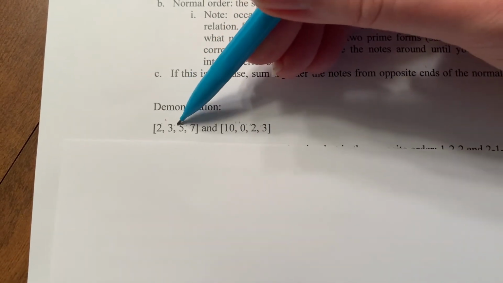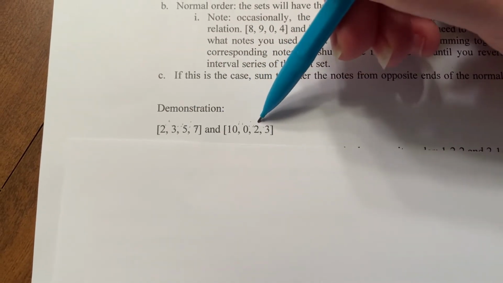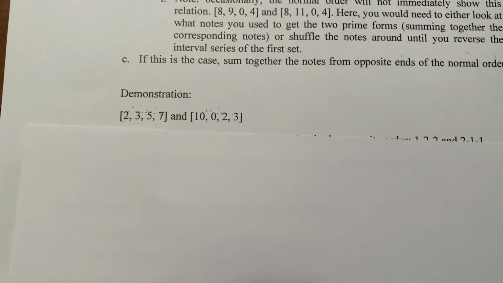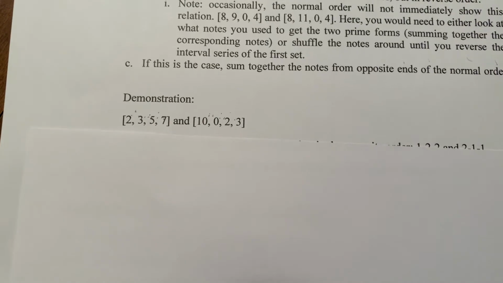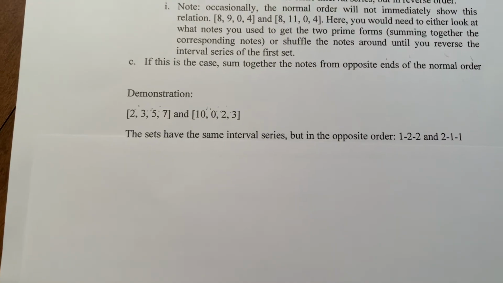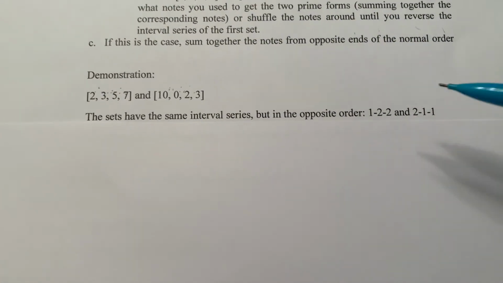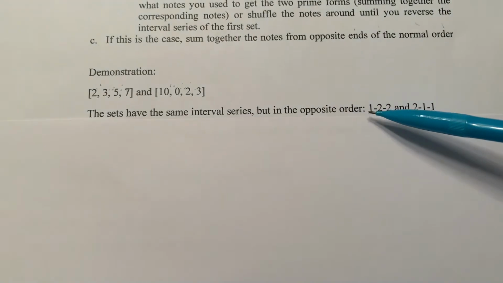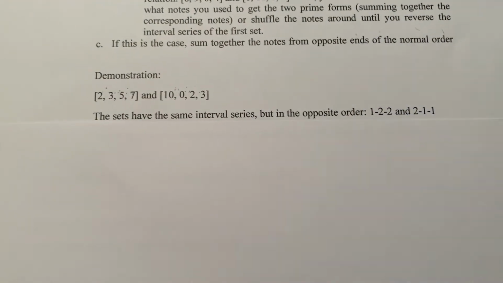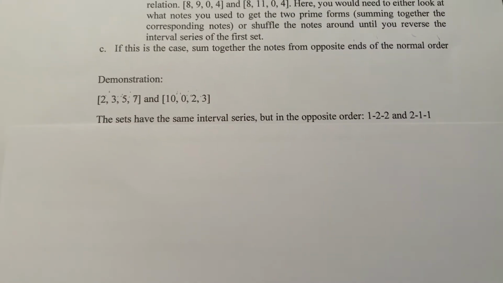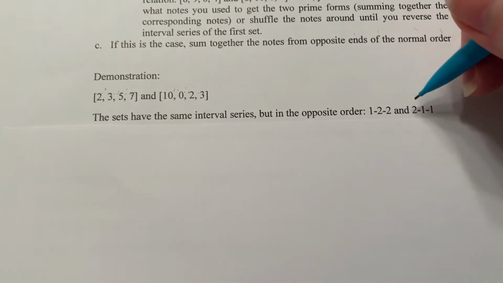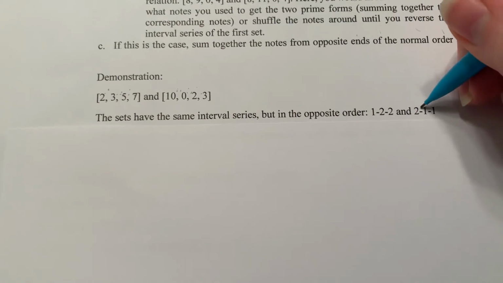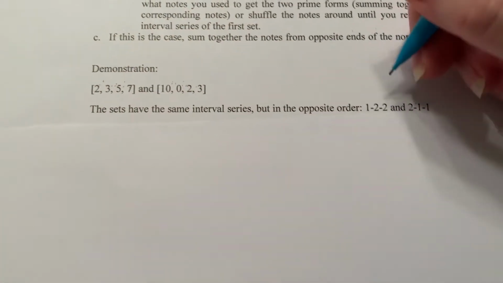So they're kind of palindromes of each other. That would tell you that we must be dealing with an inversion, because remember that intervals are going to be flipped. Whoops, I think I made a mistake there. That should be 1, 2, 2 and 2, 2, 1 right here. That should say 2, 2, 1, but don't worry about it.